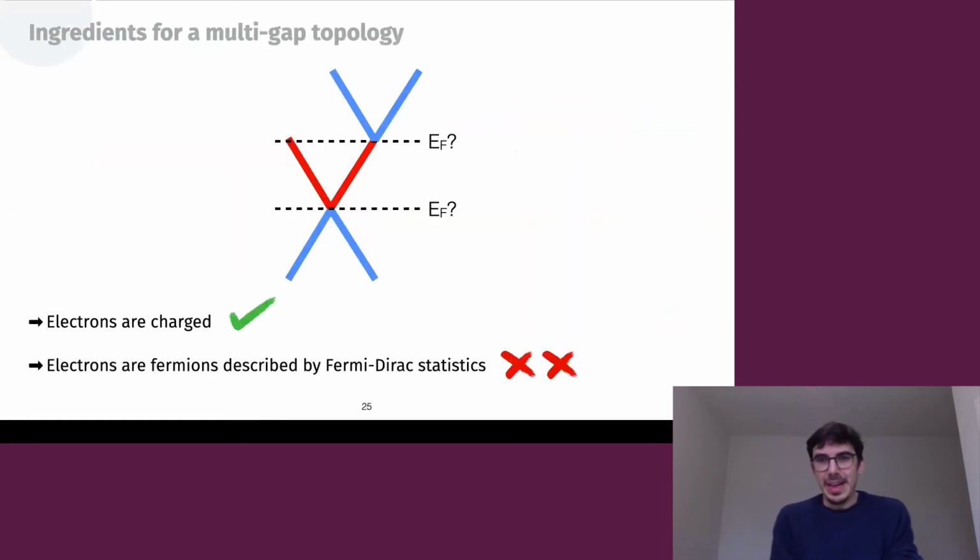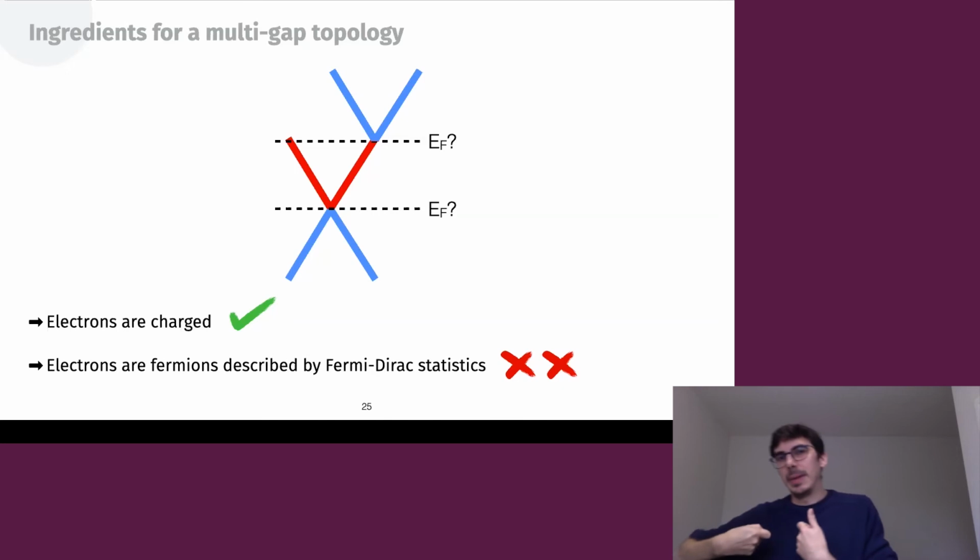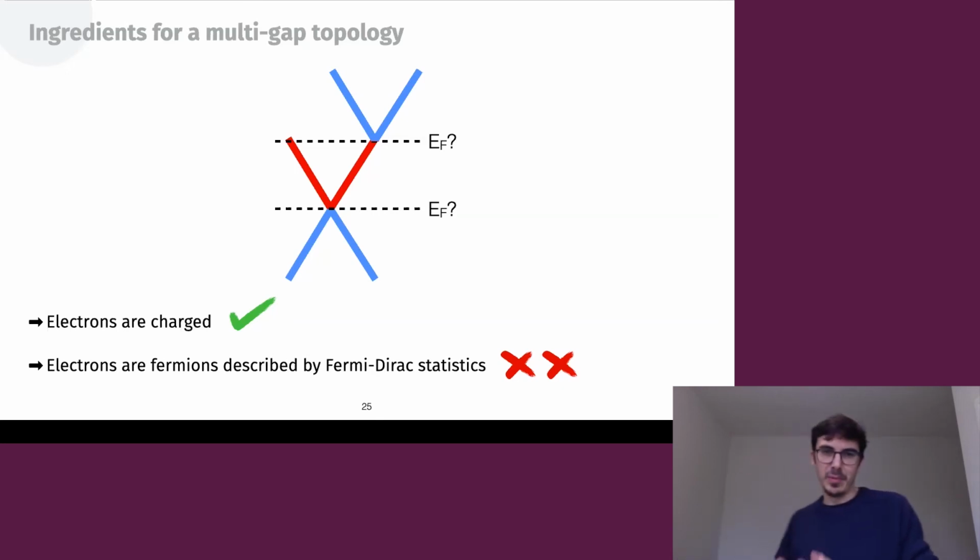So the key point now is the following. We don't only have a band crossing at a particular gap, we have two band crossings at two different gaps. If we were trying to study multi-gap topology in electronic systems, and we actually have some work on that as well, we want to do that because electrons are charged and it's nice to manipulate charges.